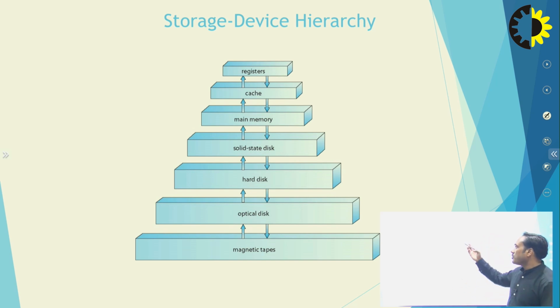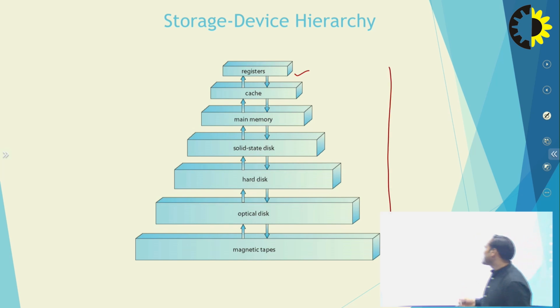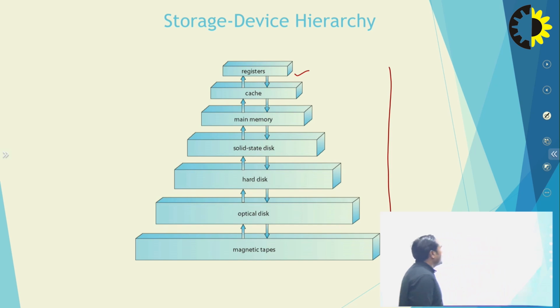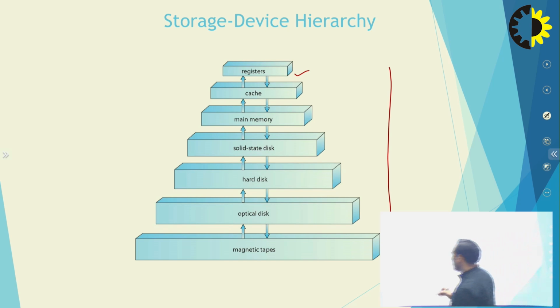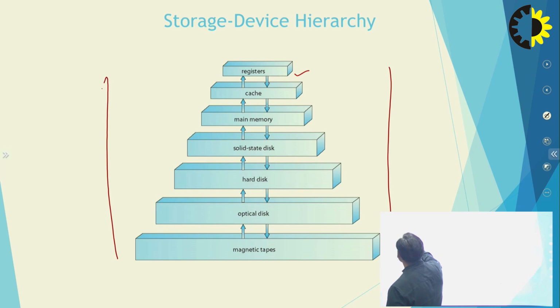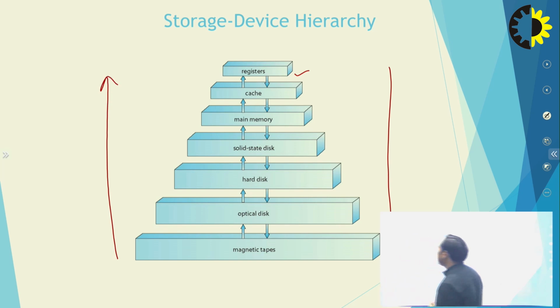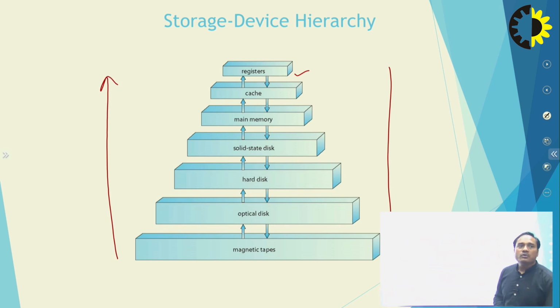So we are moving from the top to bottom. If you are moving from the top to bottom, the storage capacity is going to increase, but the speed is going to decrease. If you are moving from the bottom to top, the storage capacity is going to decrease and the speed is going to increase.